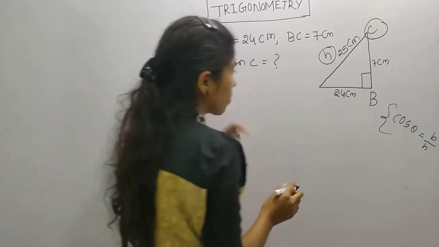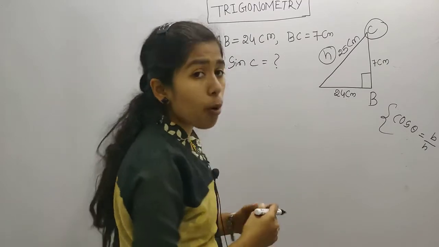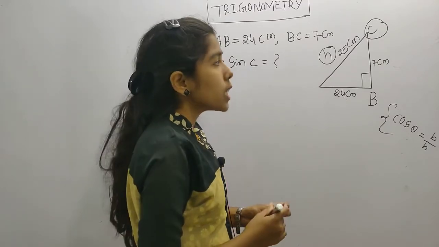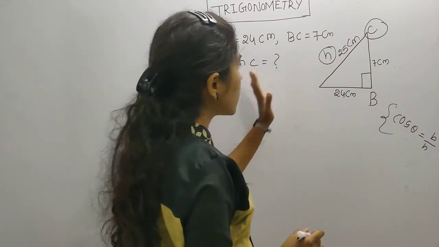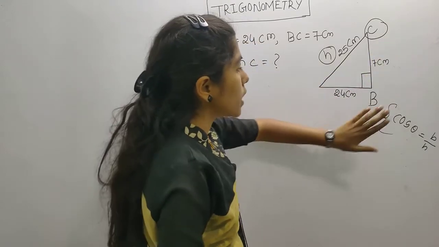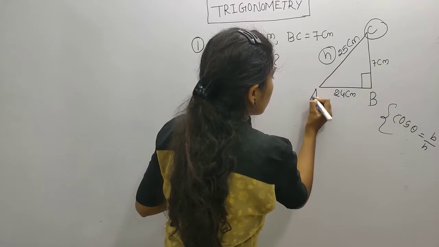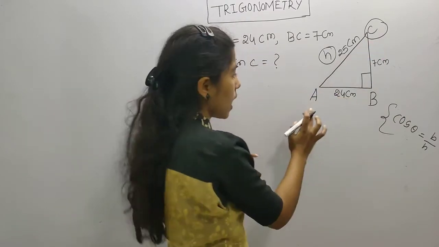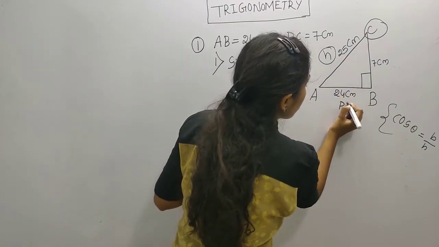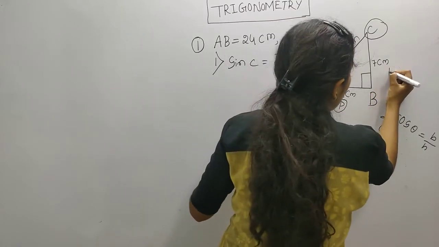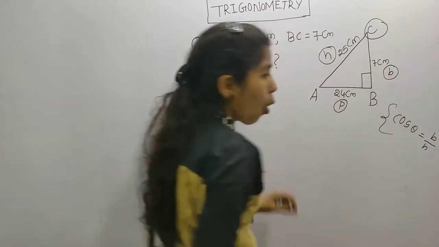Sine C. So what I said, which will be the perpendicular now? Can you guess? It's very easy. I say, which angle is given to you? The opposite side of that angle. So which is opposite to C? AB. So now this will be the perpendicular and this will be the base. Over.